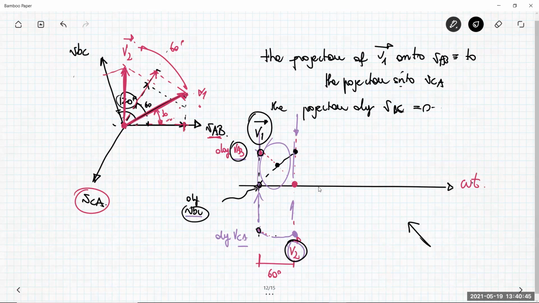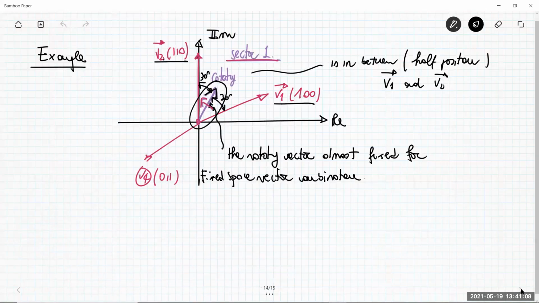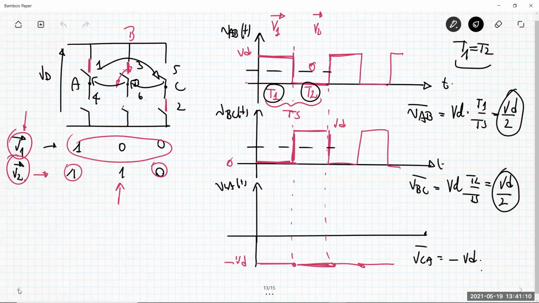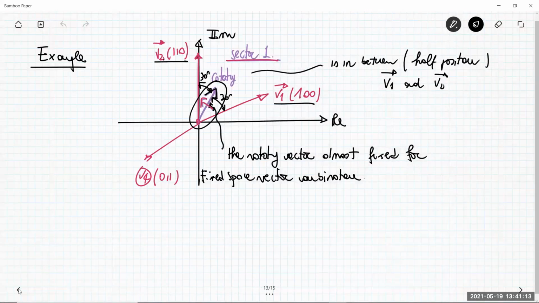And then I get something negative here, representing exactly VCA. So using a switch combination periodically, I have synthesized a position which is not possible to obtain simply by fixed space vectors. So I use an average value in order to find something in between. And this is exactly the midway position of the rotating vector.